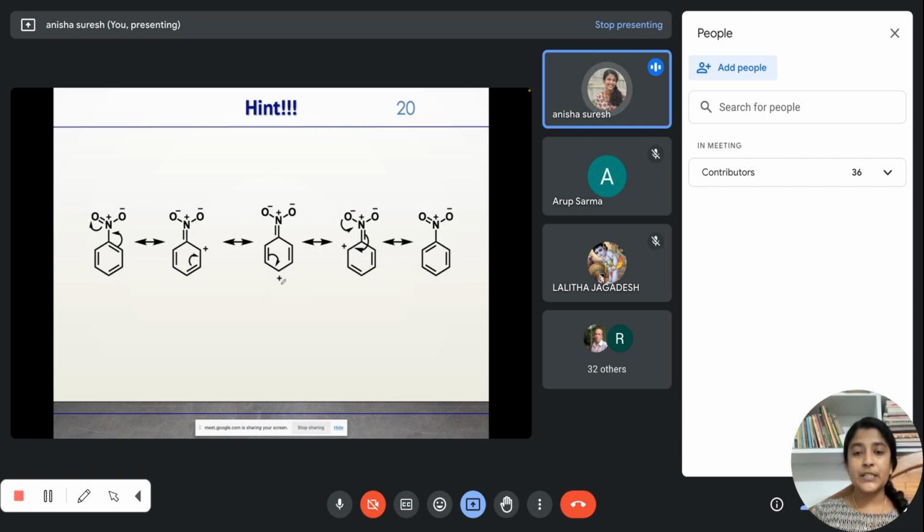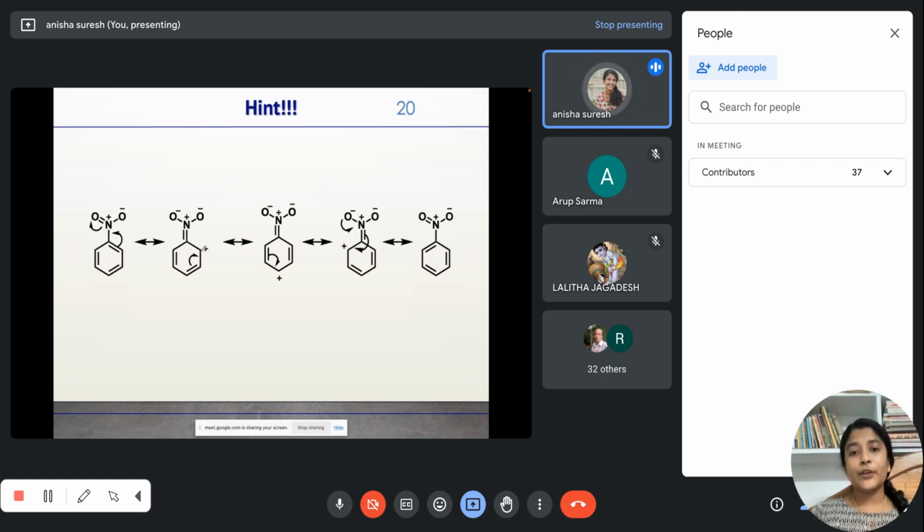Here there is a positive charge. This double bond will delocalize into this position, giving a positive charge at this center. So this is the fourth resonance structure. Now this O minus will push the electron density in this direction, and this C double bond N will break, leading to regaining of the aromaticity. So this is the resonance structure of aromatic nitrobenzene.